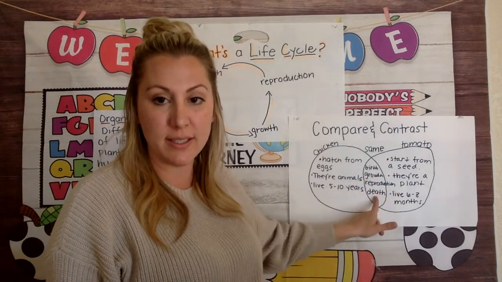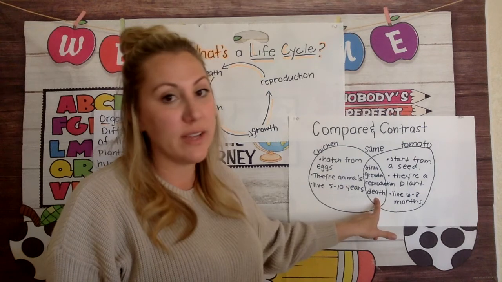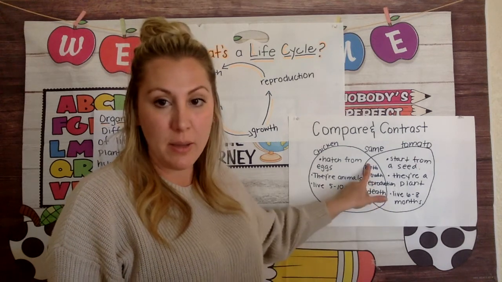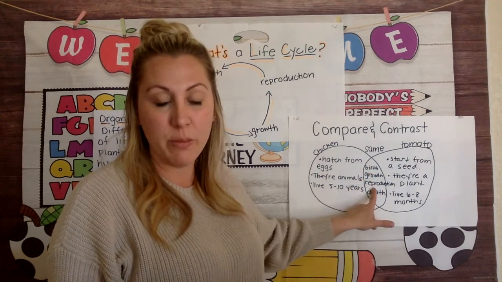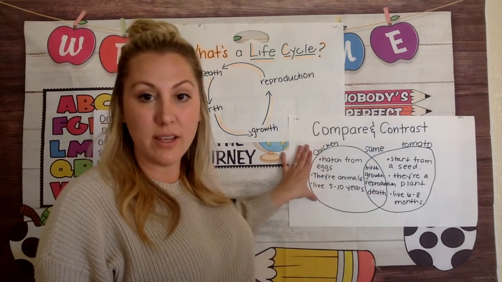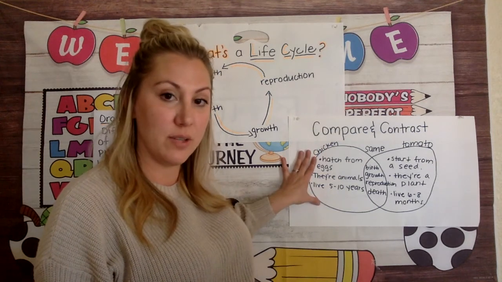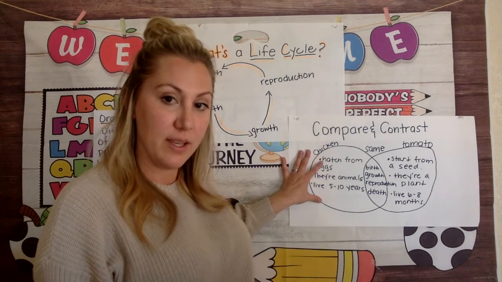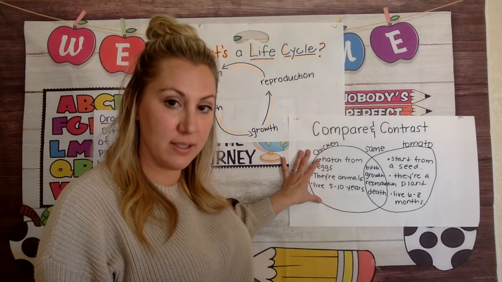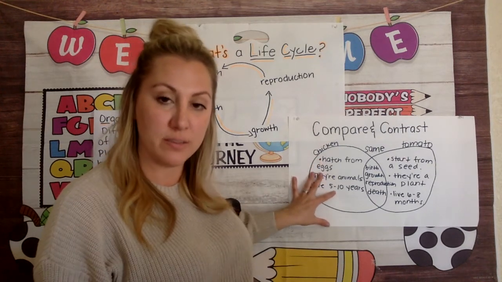This is where we list the similarities of the life cycles. As we mentioned, every life cycle has four things in common: birth, growth, reproduction, and death. Over here we listed the traits that a chicken has in regards to its life cycle. Chickens hatch from eggs. They're in the animal kingdom, and their life cycle is about 5 to 10 years.